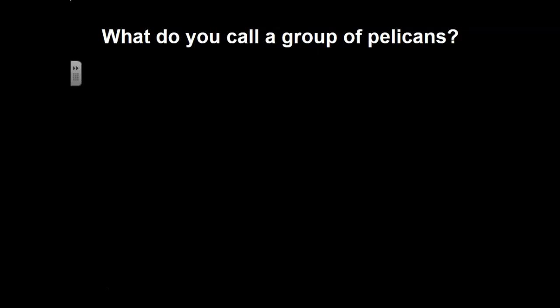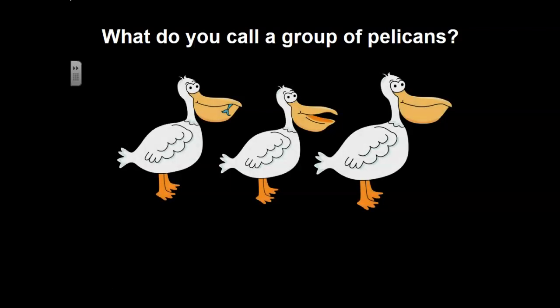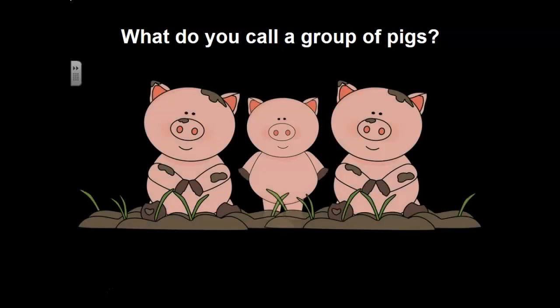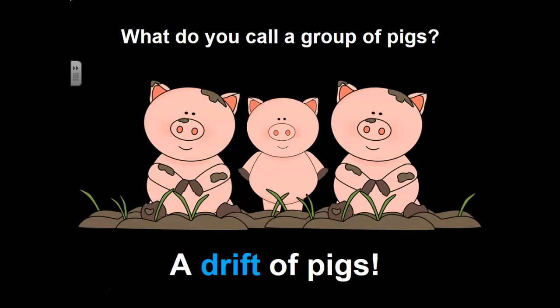What do you call a group of pelicans? A pod of pelicans. What do you call a group of pigs? A drift of pigs. What do you call a group of spiders?